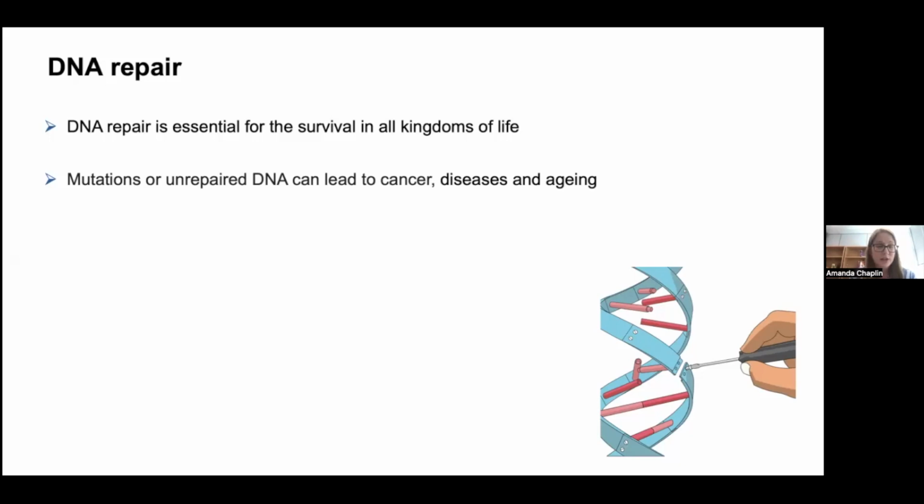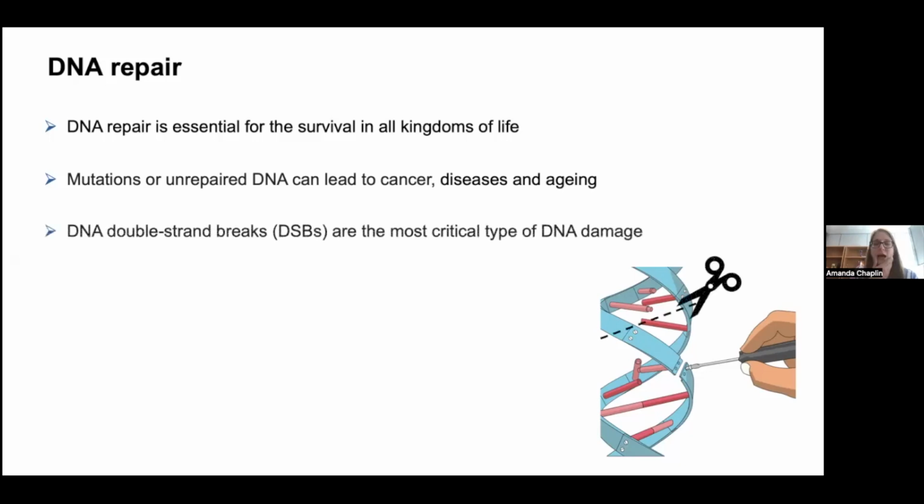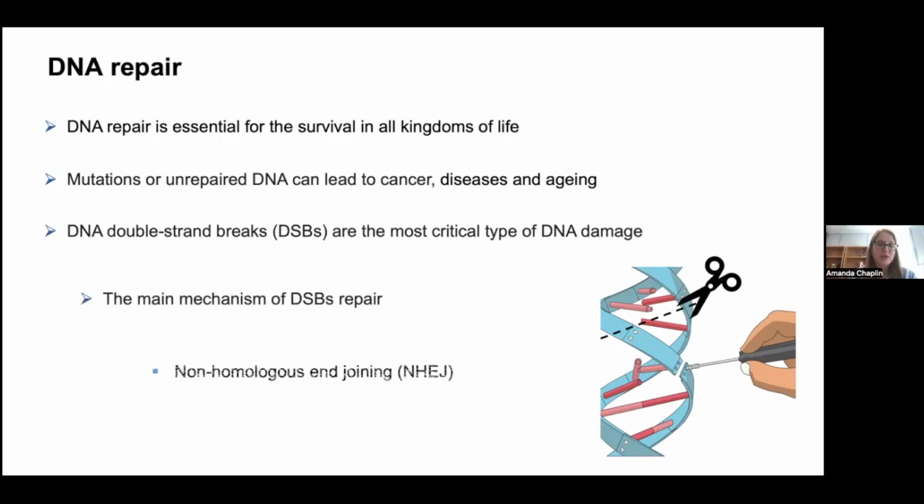You can get single-strand breaks, you can get mismatches, but perhaps the most dangerous and critical type of damage you can get to your DNA is when you get a break across both strands of the DNA. And these are called DNA double-strand breaks. And there's two main mechanisms that repair these types of breaks, but the main mechanism, and the one which my group works on, is called non-homologous end joining, or NHEJ.